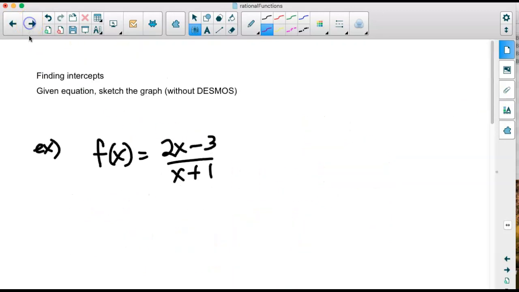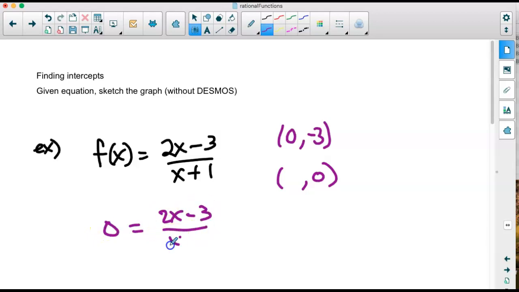Okay, so on this one, the intercepts happen when we put 0 in for one variable or 0 in for the other, right? This one's pretty easy. If you put in 0, these two things drop out, so you have negative 3 over 1. So you have negative 3 as your y-intercept here. Now this one we have to solve. So it's 0 equals (2x minus 3) over (x plus 1).